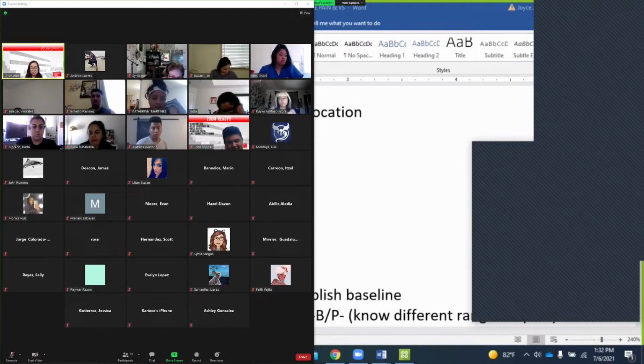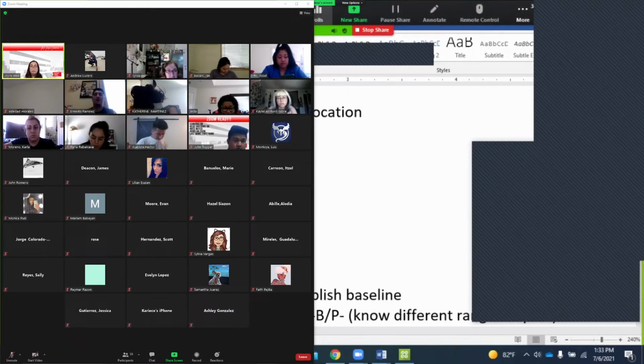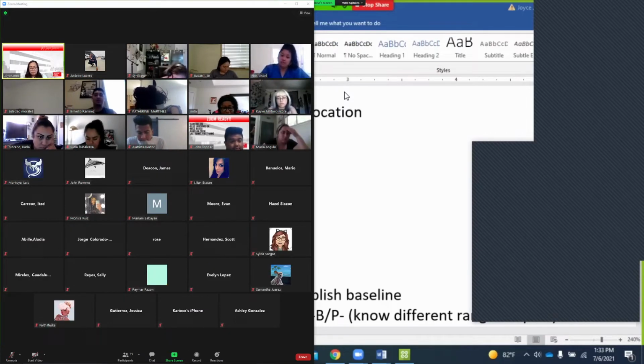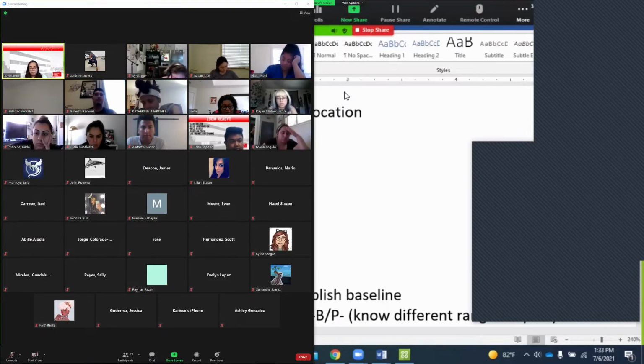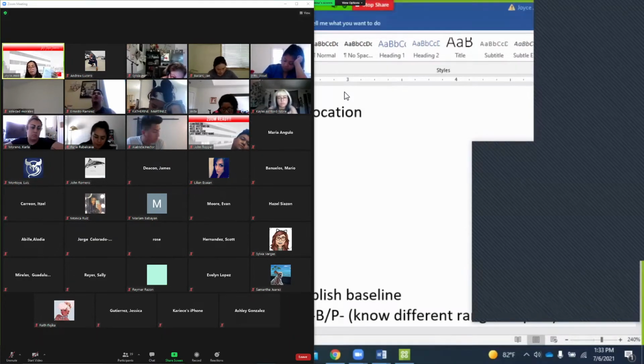Okay, good job. So get the correct right size of cuff. It has to be fitted snugly around the arm, right? My arm at the level of my heart.